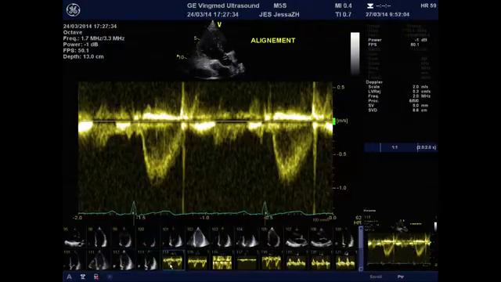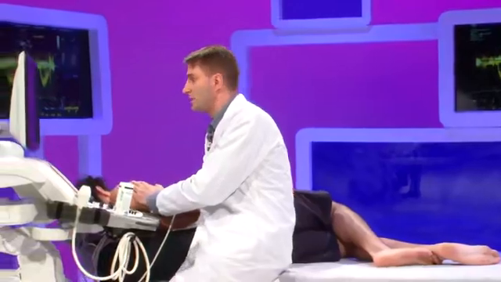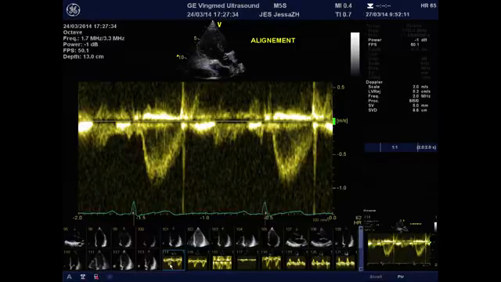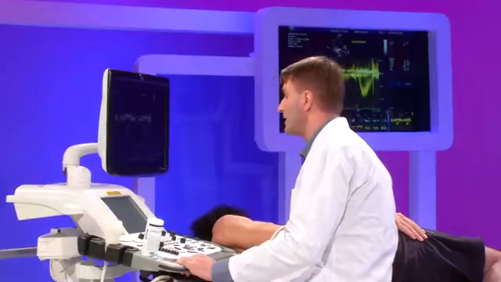I think now we should move to Doppler signals. To use Doppler signals well requires some skill and also some points you really have to look at. The most important one is good alignment. Everybody knows that Doppler echo signals are related to angulation. So if your angulation is not optimal, as is the case in this aortic valve, then you will underestimate your velocities.